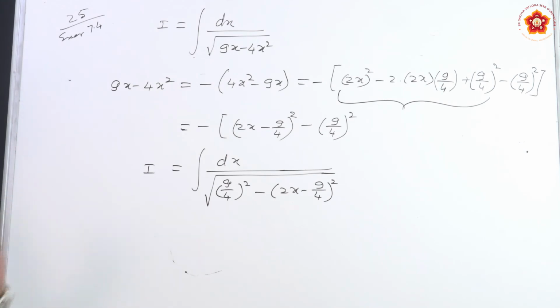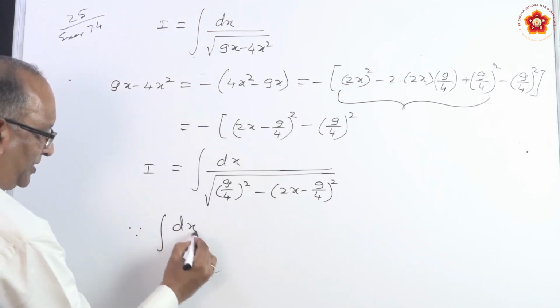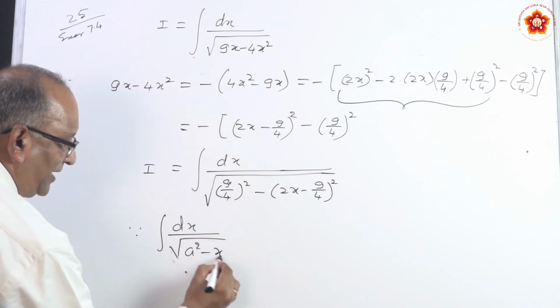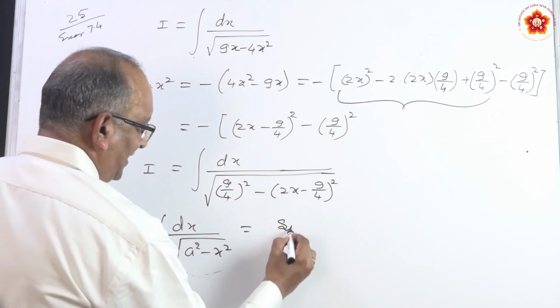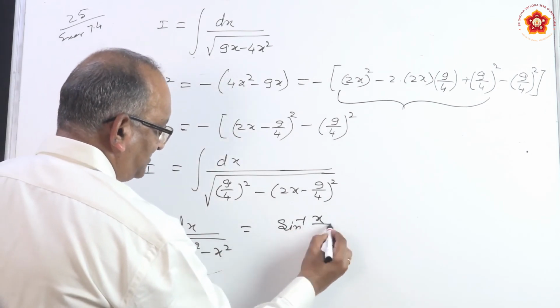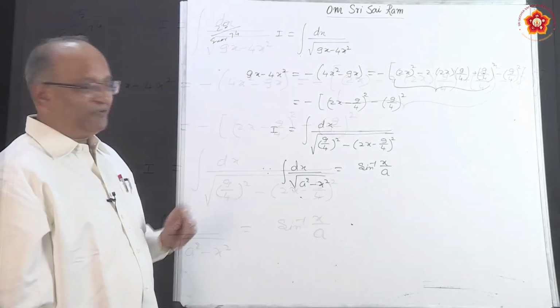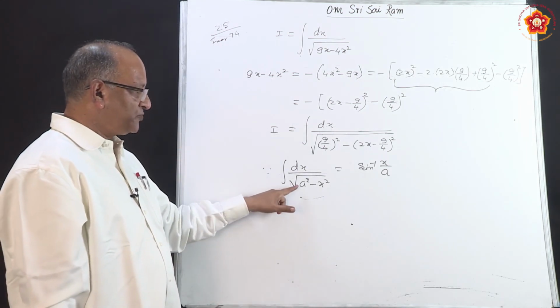Now it is in the standard form and we know the formula. What is the formula we have learnt? We learnt that integral of dx upon under root of a square minus x square is equal to sine inverse x by a. But before you apply this formula, there is no issue about a square.